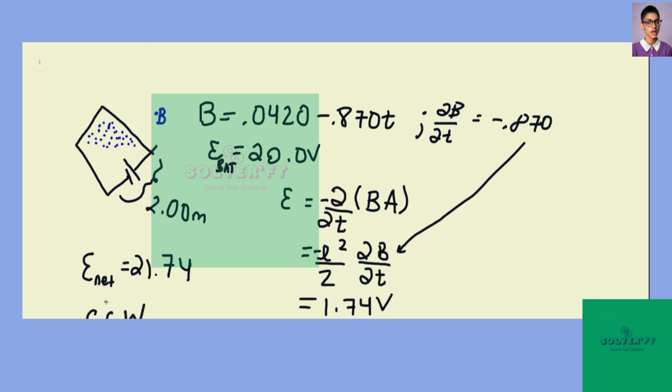So maybe I'll box these so that they're totally clear. So counterclockwise, and then I get that for the net EMF because I added the battery to the EMF induced.